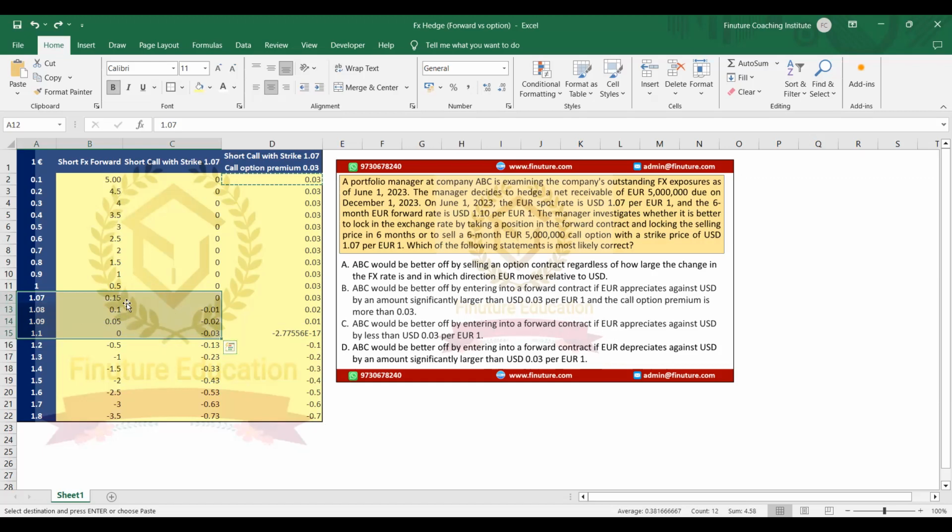Option C says ABC would be better off entering into a forward if the euro appreciates against the dollar by less than 0.03 per euro.